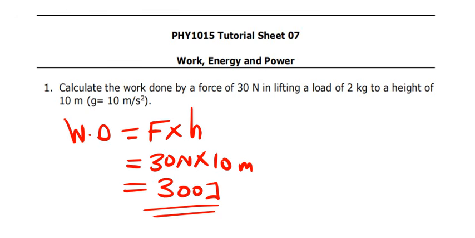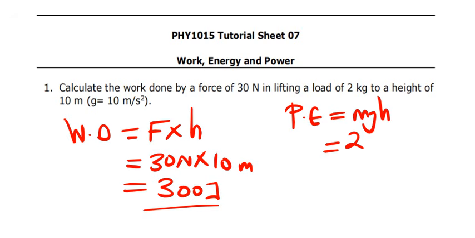However, we're also going to have the work that will be done due to potential energy, the one we wanted to find at first, which is mgh. The mass is 2, the acceleration due to gravity is 10, multiplied by the height, which is also 10.